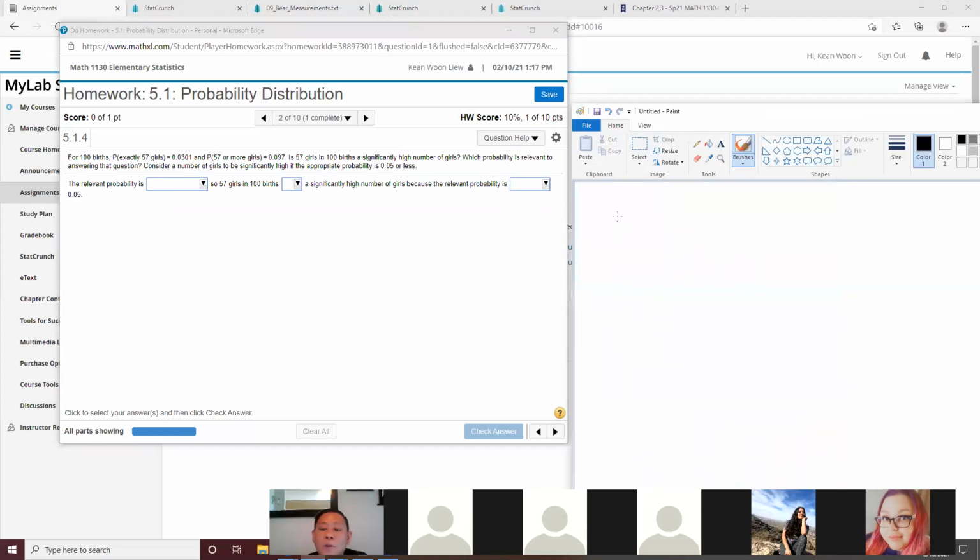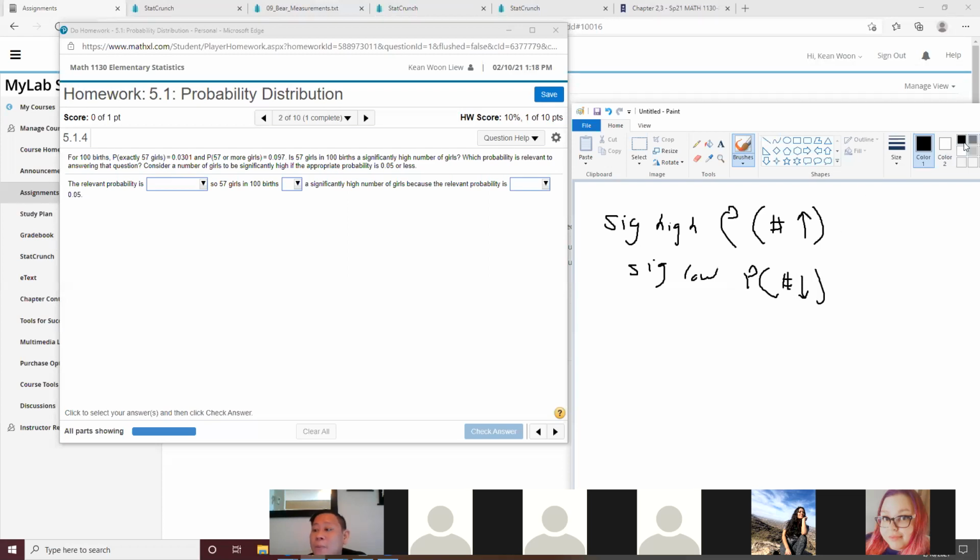For significantly high, you look for the probability of that number and more above. For significantly low, you look for the probability of that number and less.